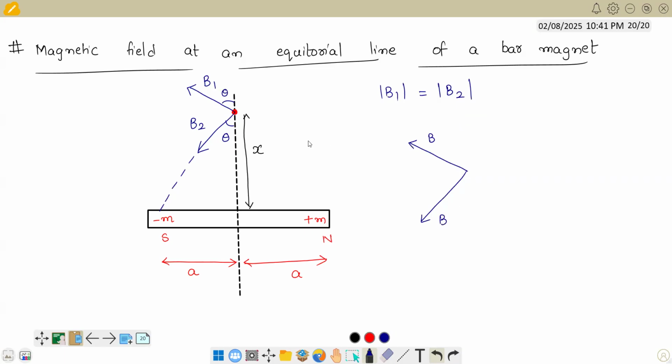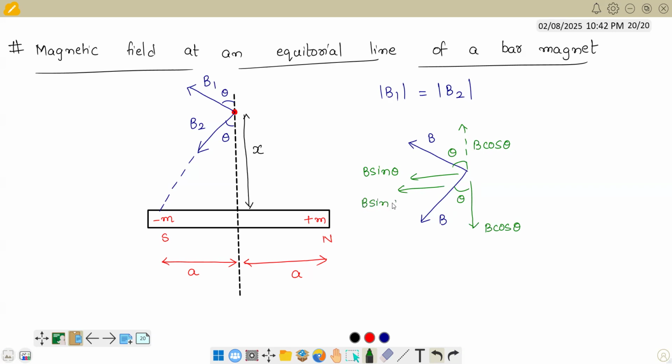Now, let us resolve the upward B into two components. Since this is theta, I can resolve them into B cos theta in this direction and B sin theta in this direction. Again, this B also I will resolve into components. This is theta. The side to which theta is attached would be cos, B cos theta and B sin theta.